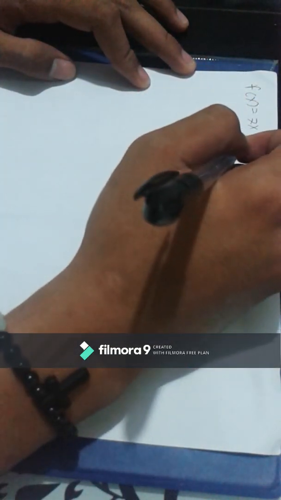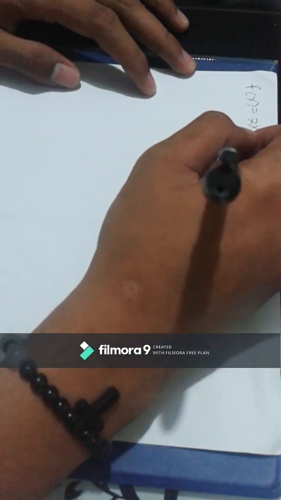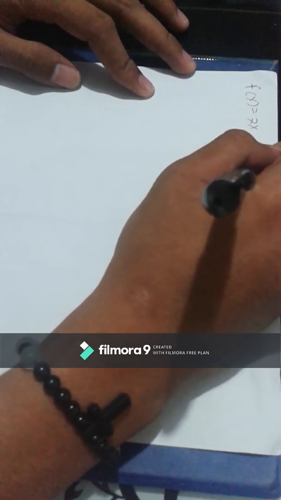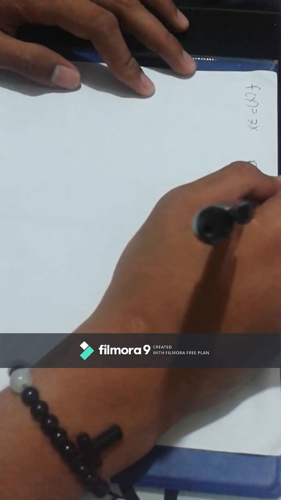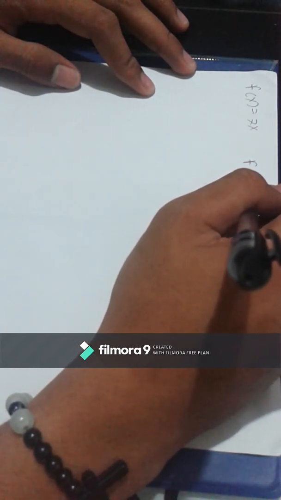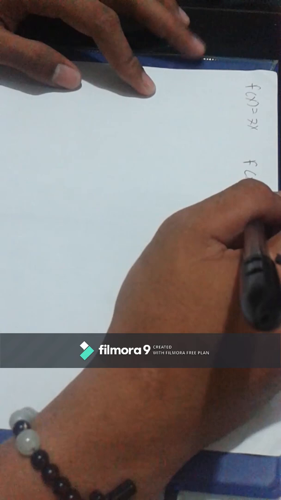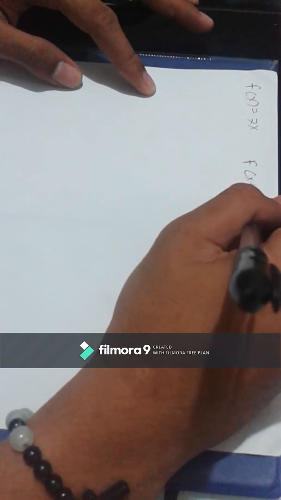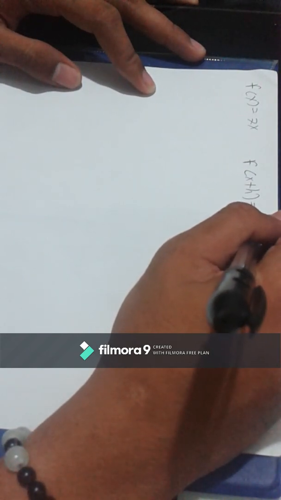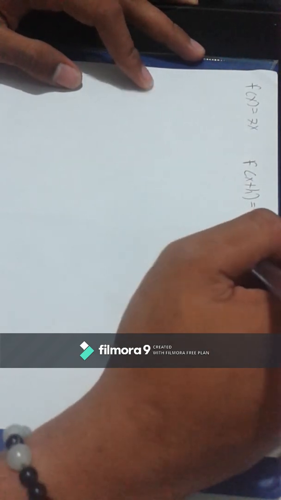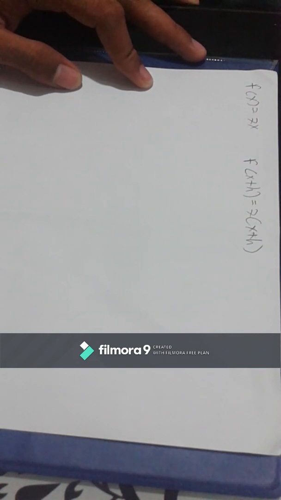Now the difference quotient is represented with this formula: f of x plus h minus f of x over h.